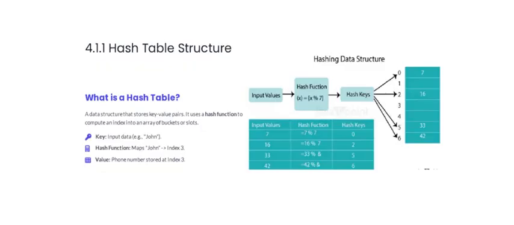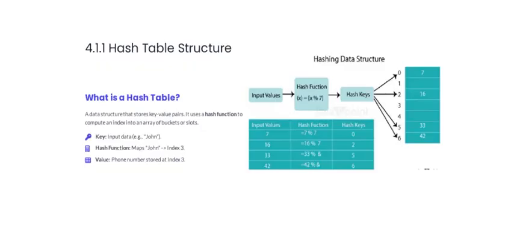This is the input value, and this is the hash function calculated for those input values, and here are the hash keys, and from these hash keys we can find the indexes, and finally the values in the indexes will be found, or else we can store the values in such indexes.